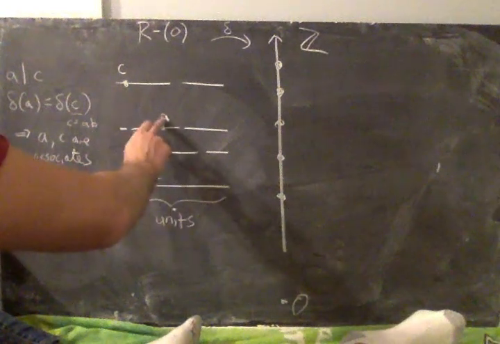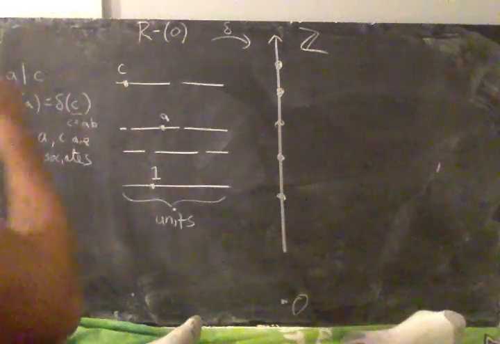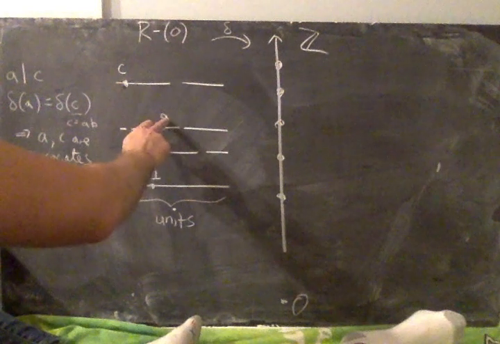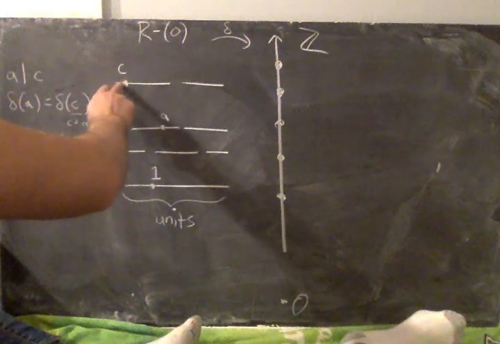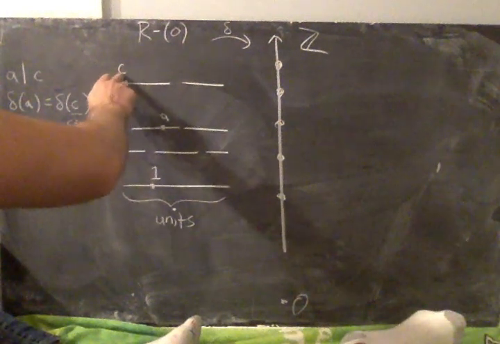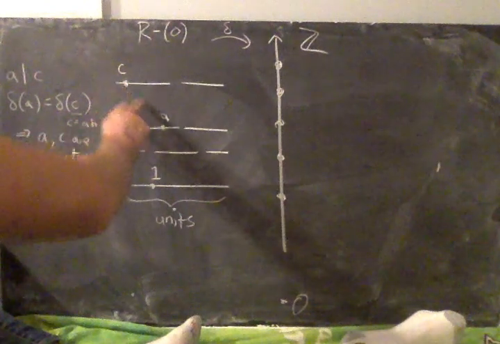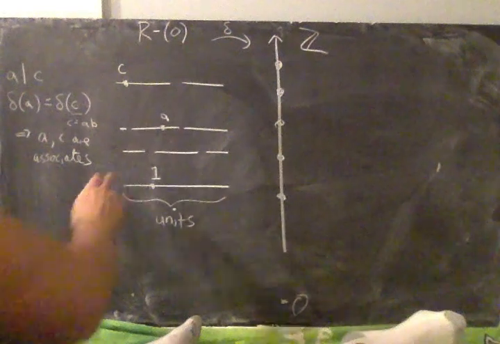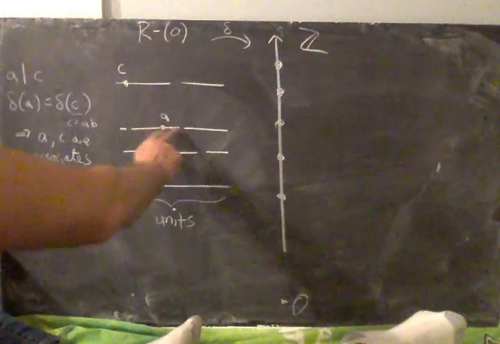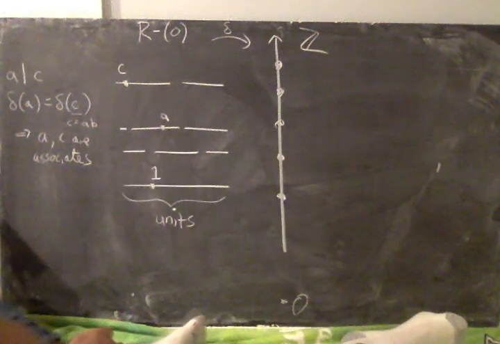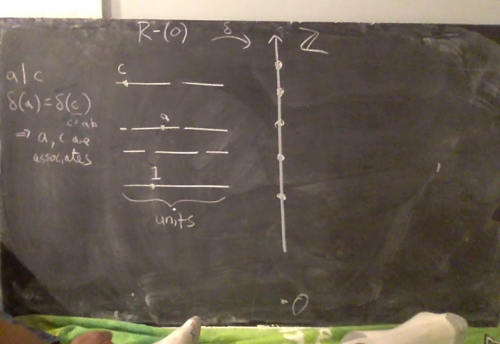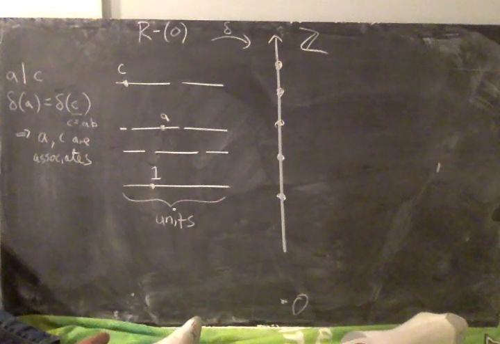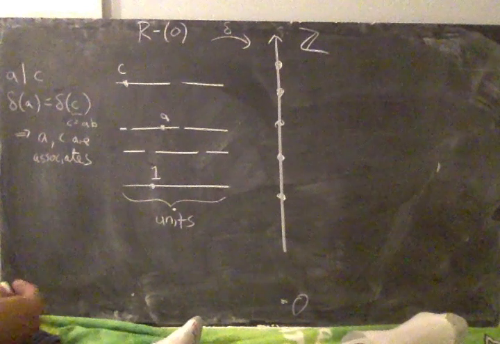So if you start with C and look at the things that divide it, if it's on the same level, that has to be an associate of C. If it's on a lower level, it's either a unit, all the way down here, or a non-associate of C. Anyway, I hope that makes some sense here.